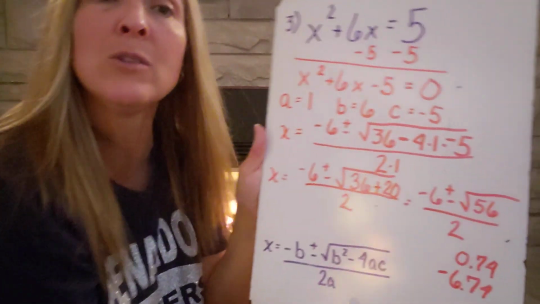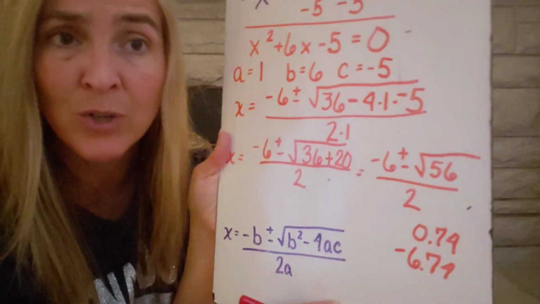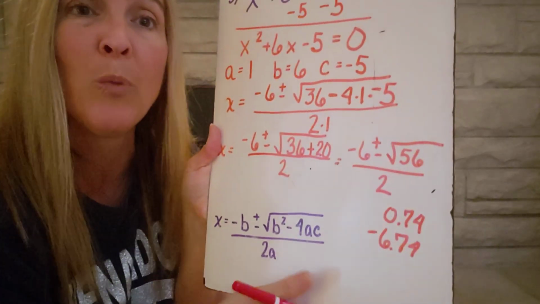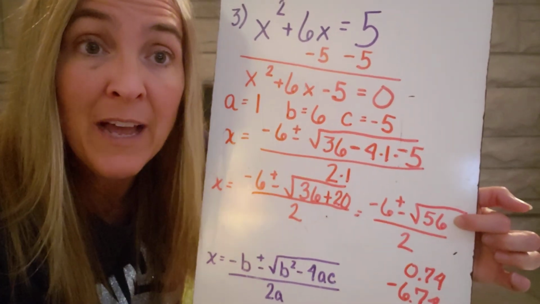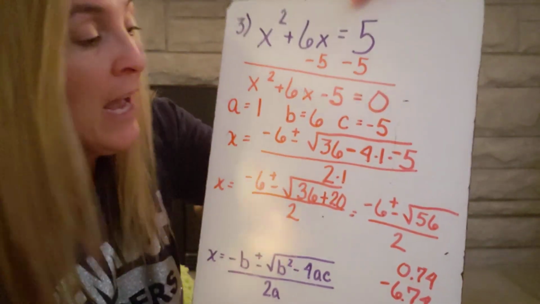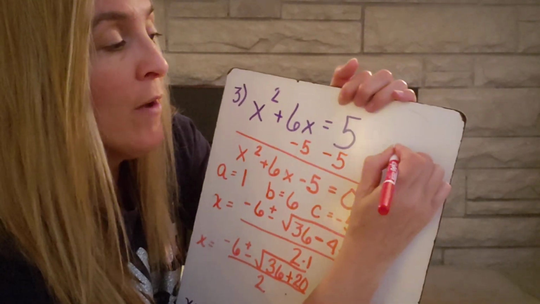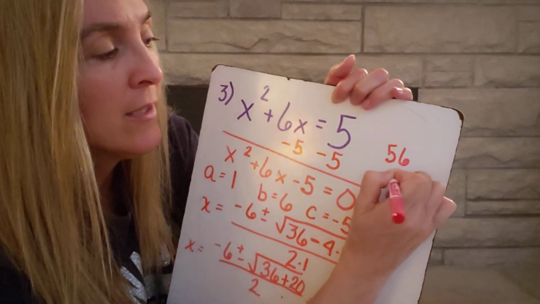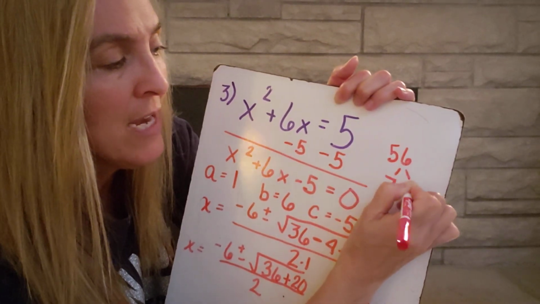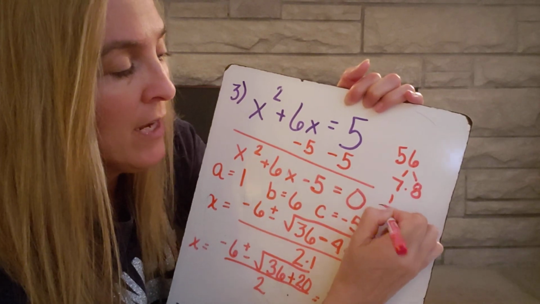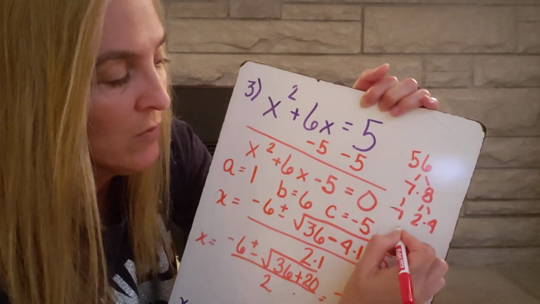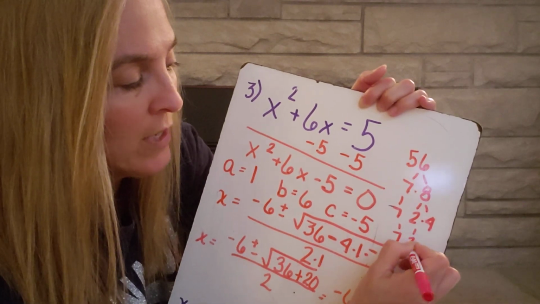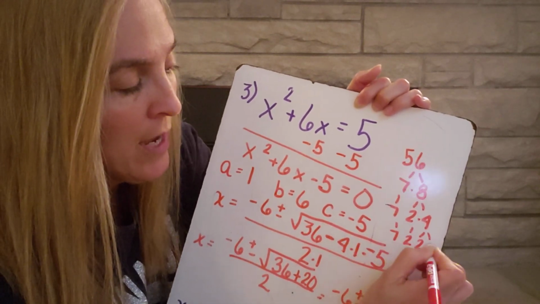I do also want to do just a quick reminder, because this was before spring break, that we can simplify this square root of 56. Remember how you factor tree the 56 into 7 times 8? The 7 is already a perfect square, but the 8 you can do 2 times 4, and you can bring it down one more time.